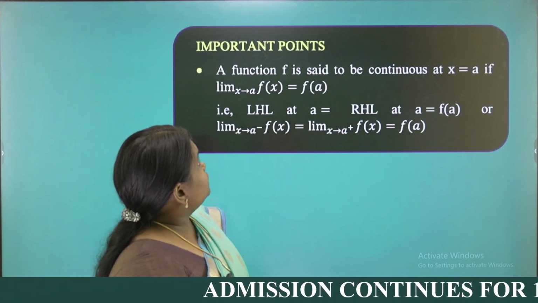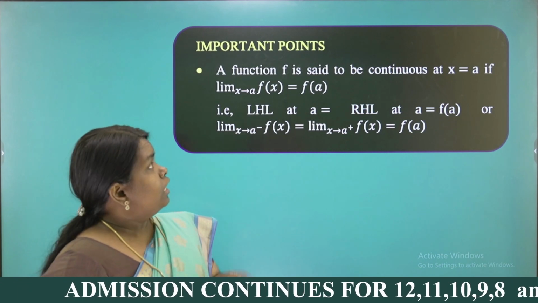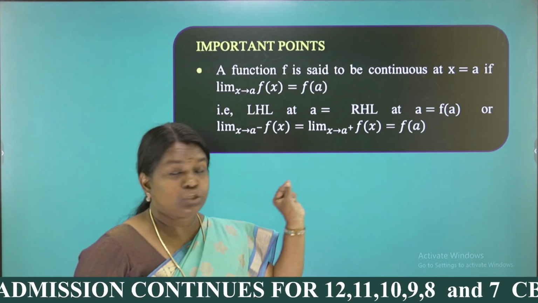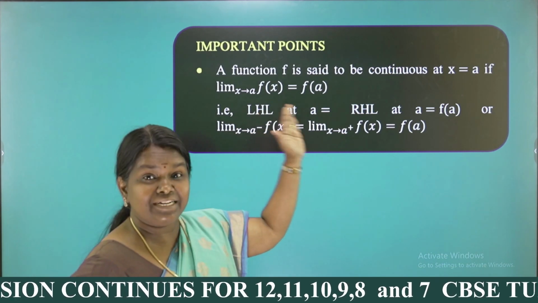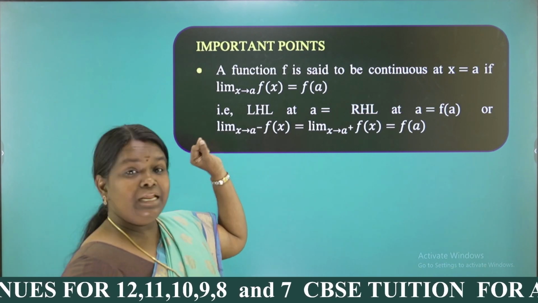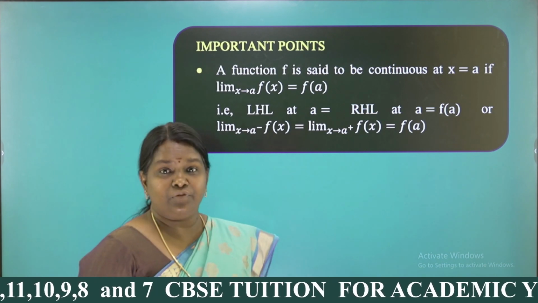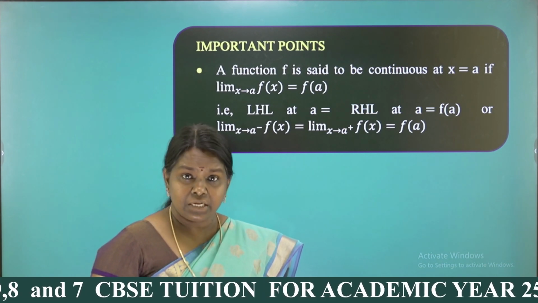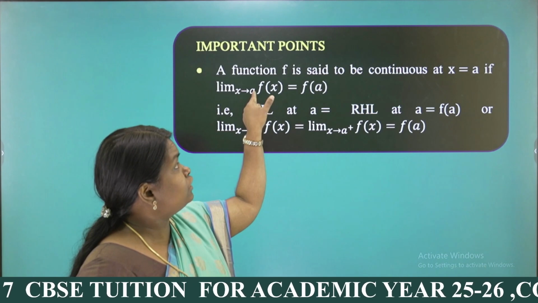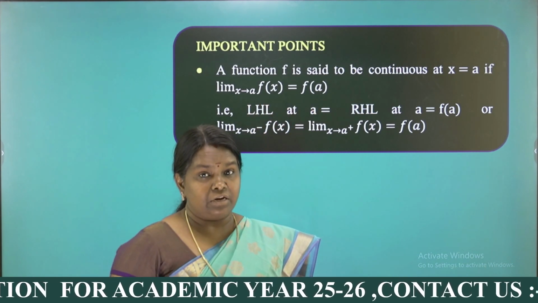So listen dears, the first important point here is that a function f is said to be continuous at x equal to a if limit x tending to a of f of x equals f of a. You studied limits last year, right?